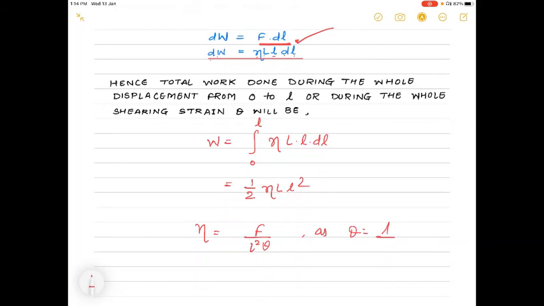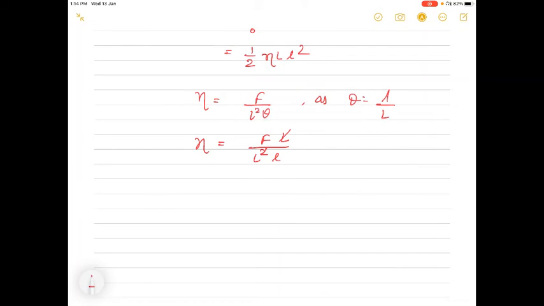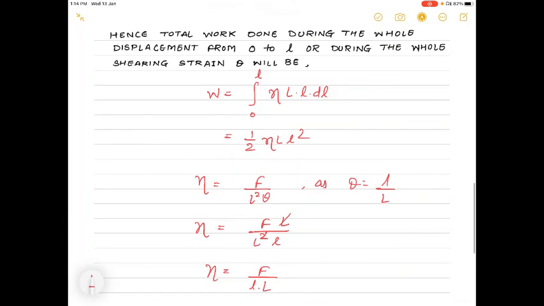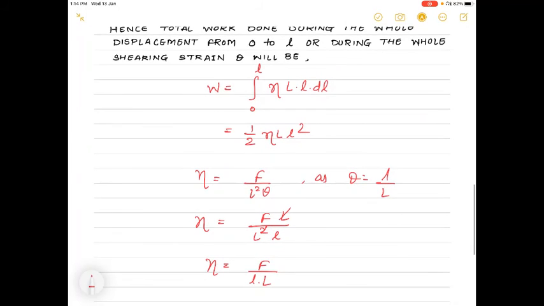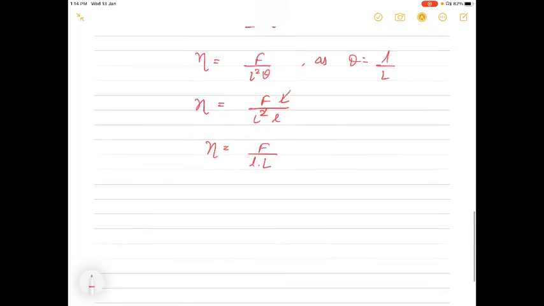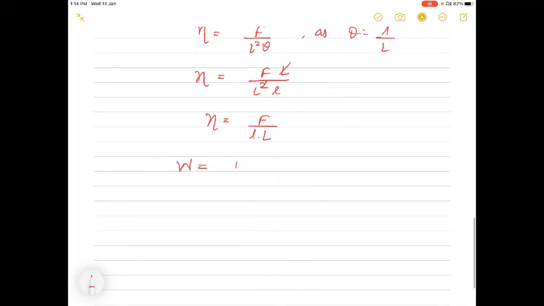As theta is equal to small l by capital L, substitute it over here, so eta will become F upon L square into small l upon capital L. Capital L and this L cancel, so we get eta equal to F upon L into small l. Now from the above equation for eta, we get work done W equals half of F upon L small l into small l times L square.